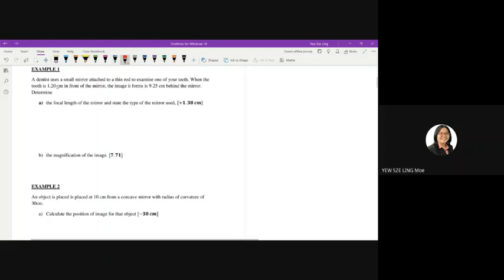So right here you have positive u, but this one, 9.25 cm behind the mirror, is negative v. It is negative v because it's behind the mirror. The image is formed behind the mirror, behind a non-transparent object, so you have a negative v, a virtual image.